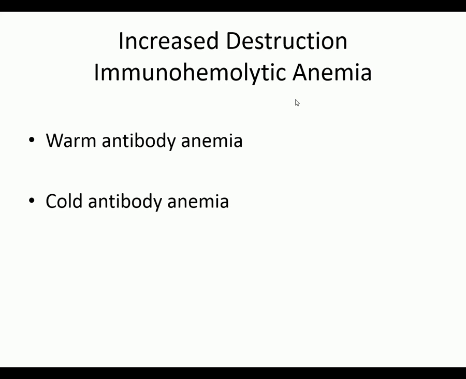Acquired results from increased red blood cell destruction from trauma, viral infections, malaria, exposure to chemicals and drugs, and your autoimmune reactions. Red blood cells are unknown to the person's body, and this is your patho that's going on.